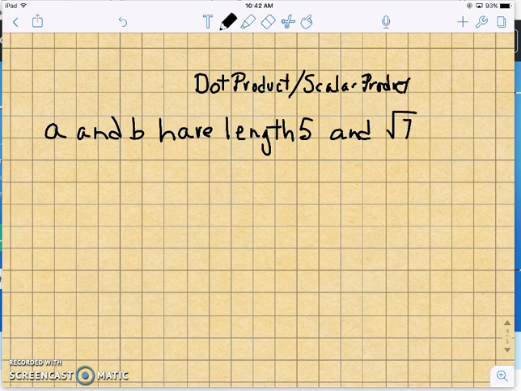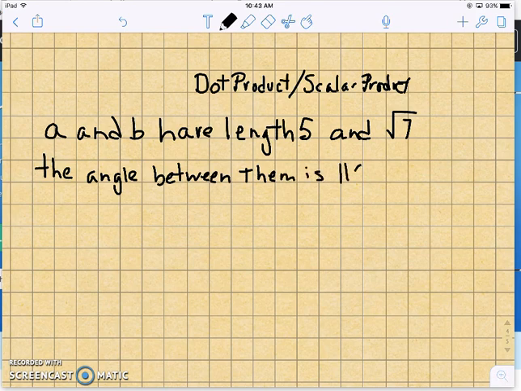The angle between them is 110 degrees. And our goal is to find that dot product, A dot B.